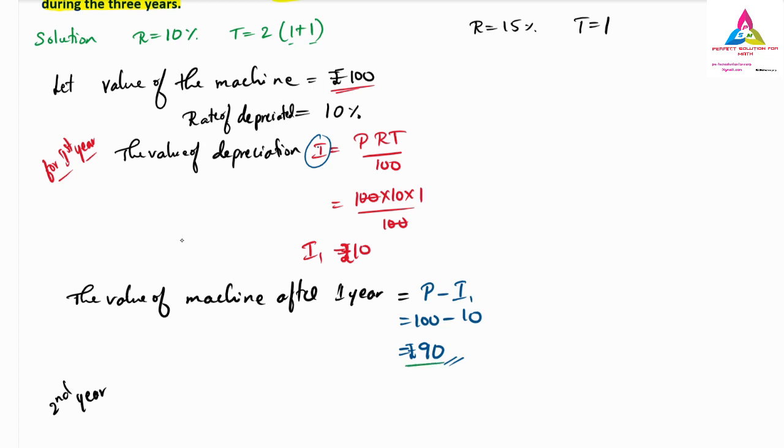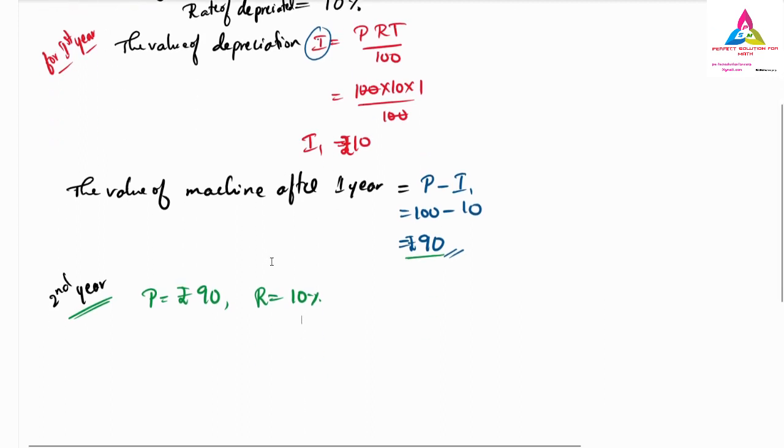So for the second year, the same method: now the principal amount, or the actual value of that machine, is 90 rupees. So here I will take P as 90 rupees. The rate of interest being the same, that is 10% only, and it is for 1 year only. The next year, the second year, is 1 year only. So here the time is 1 year.